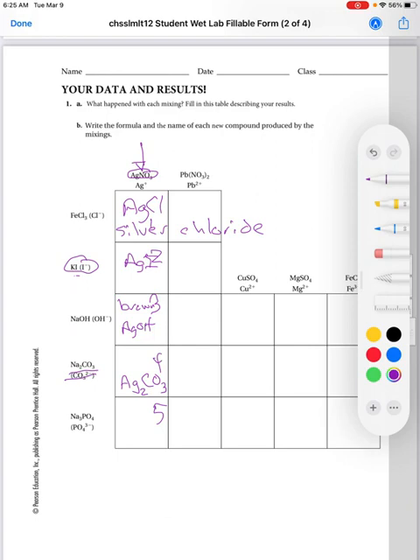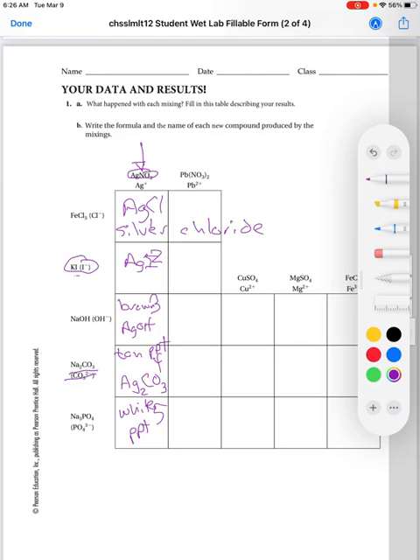That would be its formula, Ag2CO3. Its name is silver carbonate, and this gives a tan precipitate, and we frequently abbreviate precipitate PPT because there's often not a lot of room. Down below would be silver phosphate, Ag3PO4, and it gives a white precipitate.